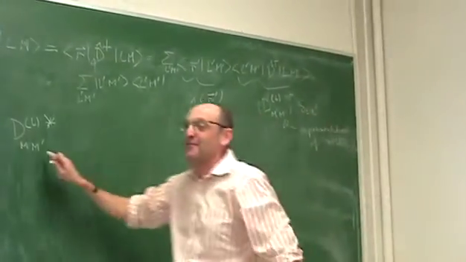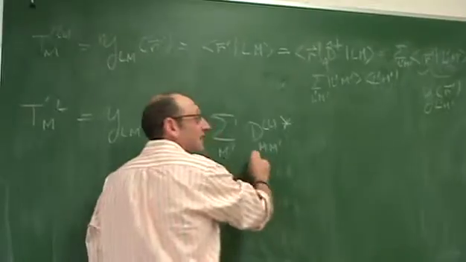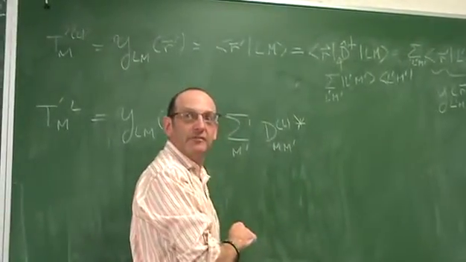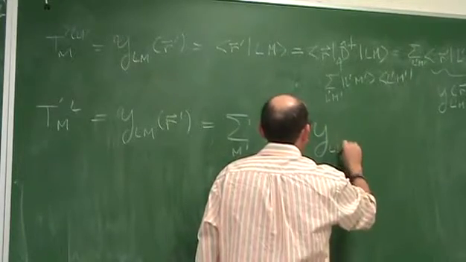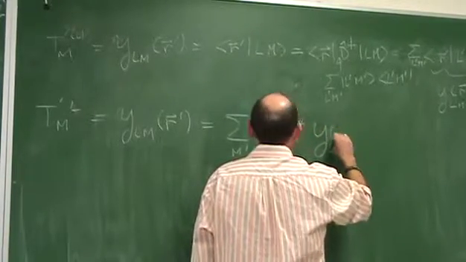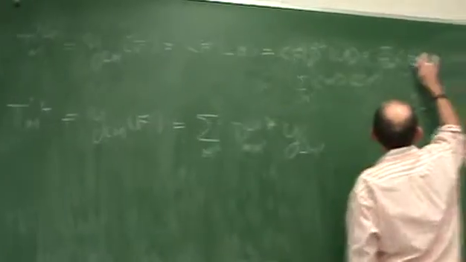Now when I take the transpose conjugate, it becomes M' rather than the other way around, times Y_LM' as a function.